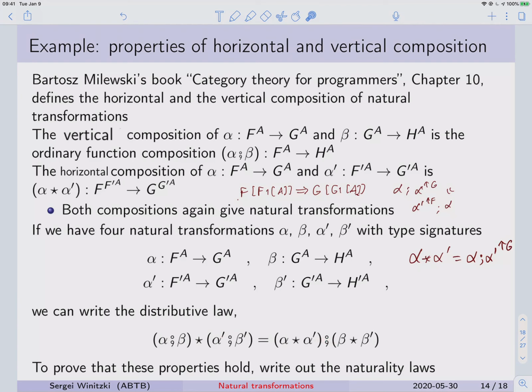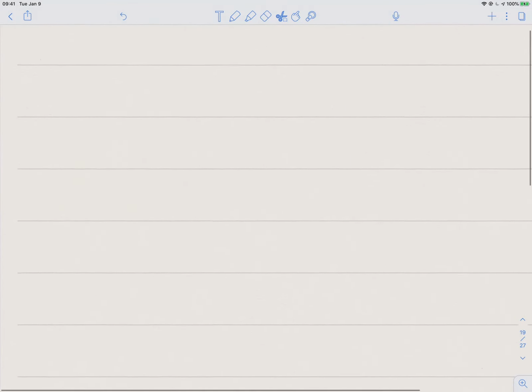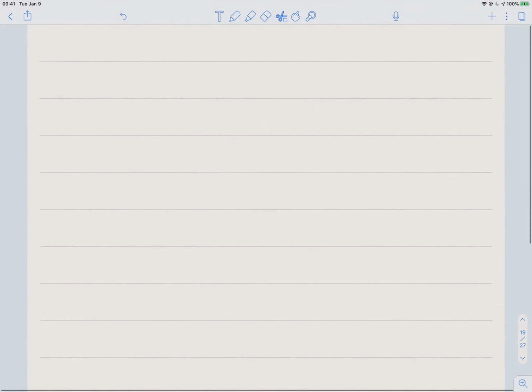So let me copy it and go to the next page where I'll just paste it in.